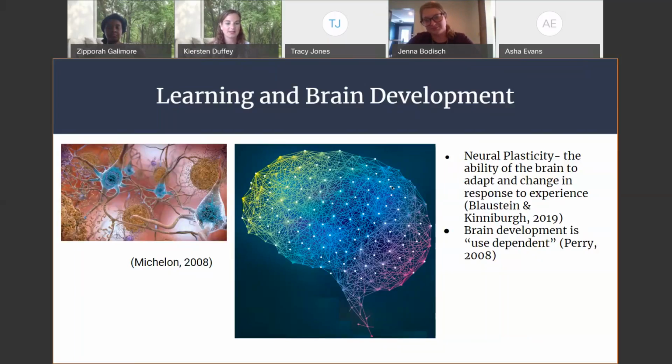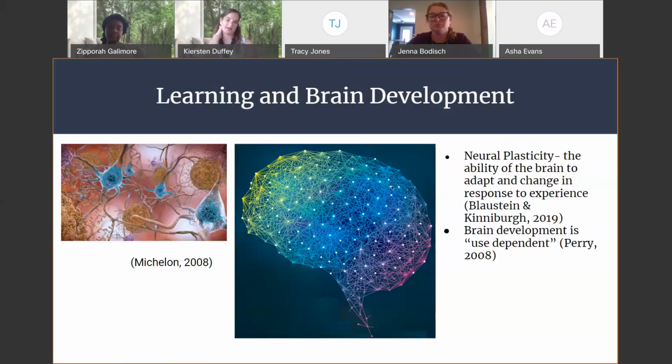So one key concept for understanding brain development is the concept of the brain's neuroplasticity. Our brains develop and change in response to experience, maturation, and learning. And when you learn or experience something, your brain reorganizes itself by forming new or strengthening already existing neural connections between brain cells.